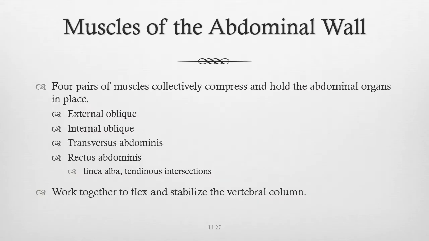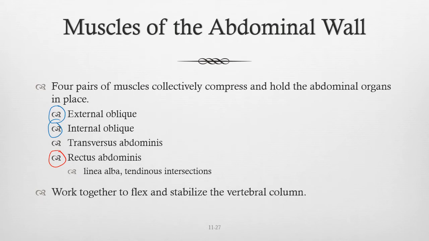The abdominal wall, we have the very obvious rectus abdominis muscles. Pretty much everybody is familiar with those rectus abdominis muscles in the abdomen. But on either side of those, we have an external oblique and an internal oblique muscle.